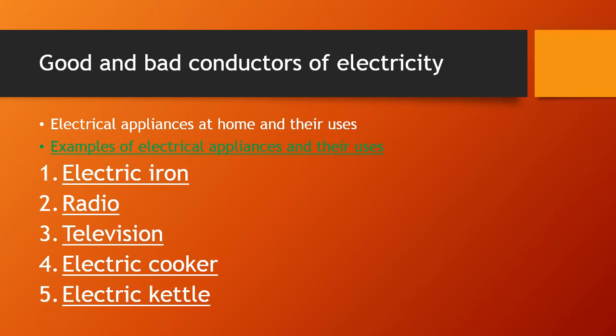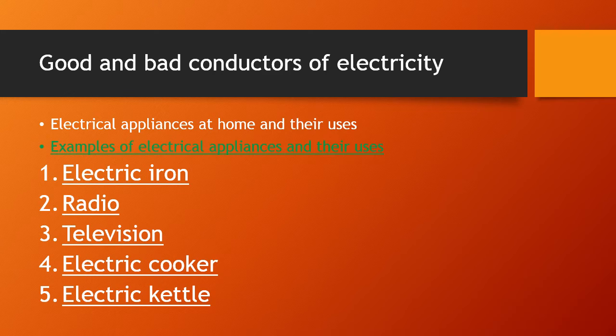Examples of electric appliances and their uses are as follows. 1. Electric iron, used for pressing clothes to remove creases. Radio, we listen to the news and other entertainment.